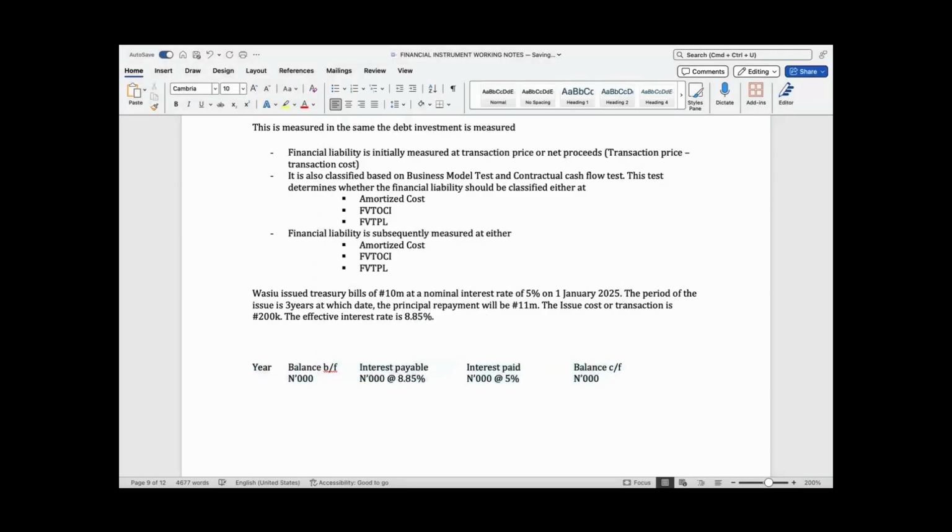Okay, so year one, which is 2025, we borrowed 10 million. But if you put 10 million here, you'll be wrong in the exam because the standard says that this is initially measured at net proceeds. So what you're expected to put here is actually 9,800 and not 10 million.